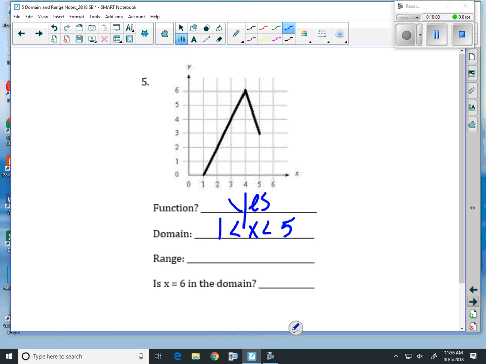Is there a point on the graph at 1? Yes, there's a point here. There's no open circle or anything, so we assume yes. What about at 5? Yes. So those would both be included. If you don't see an open circle, then yes, it's closed. If we want to write interval notation, we write it like that.